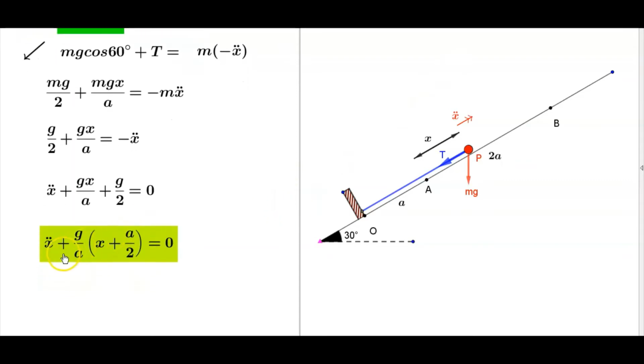Therefore, x double dot plus g over a into x plus a by 2 is equal to 0. Here, x lies between 0 and a. For this motion, have a look: x should be greater than or equal to 0 and less than or equal to a.